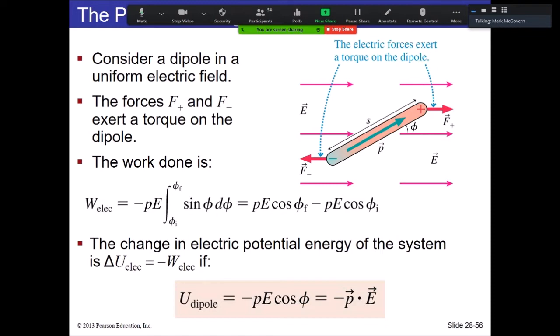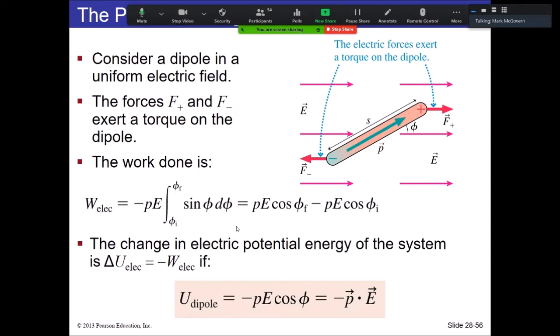The P and the E are constants, so they come out of the integral, and you're just integrating the sine function from initial to final angle. When we do that, we end up with a cosine, so this ends up being a difference between these two quantities here.